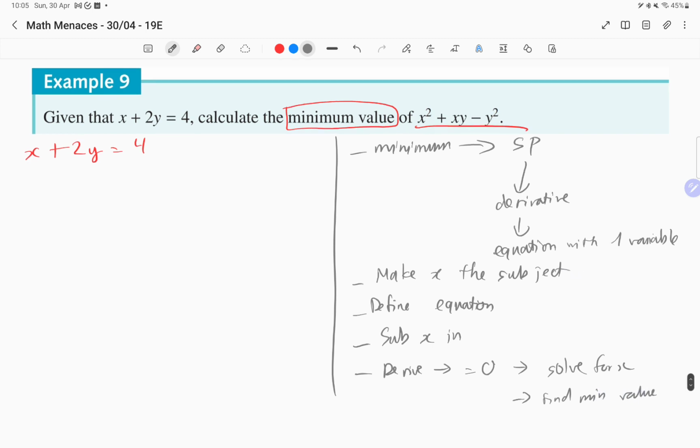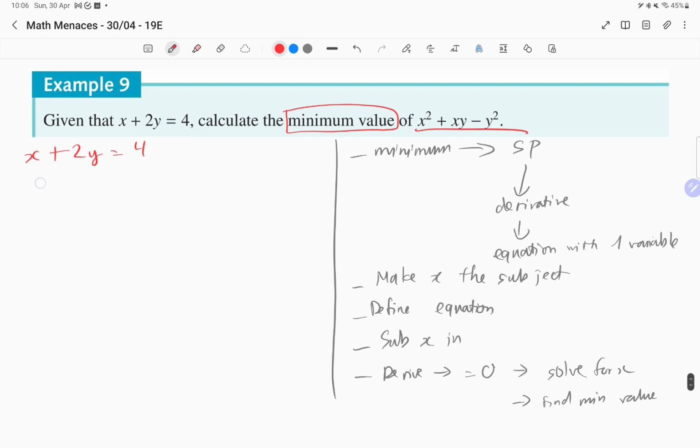Okay, so let's follow this chain of thought. Make x the subject, define the equation, sub the x value in, and then derive, set it equal to 0, solve for x, and then you just sub it in to get the minimum value. So first, make x the subject: x equals 4 minus 2y. Actually, we need to define the equation first.